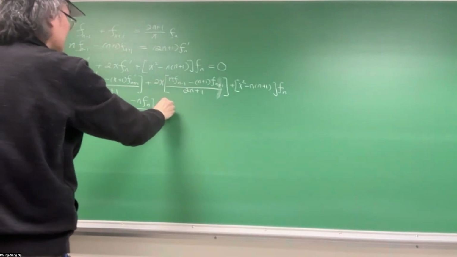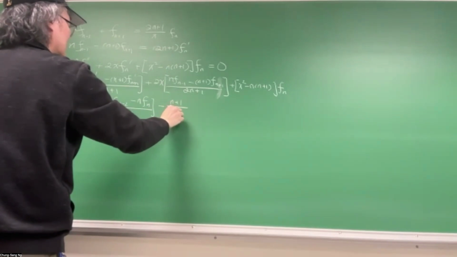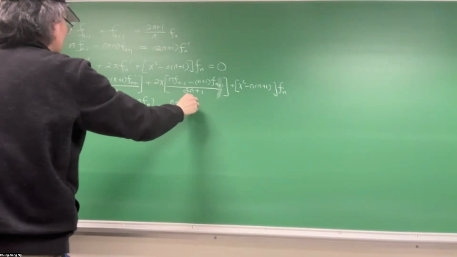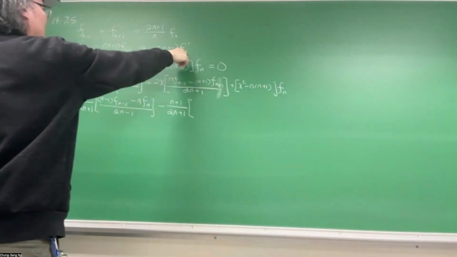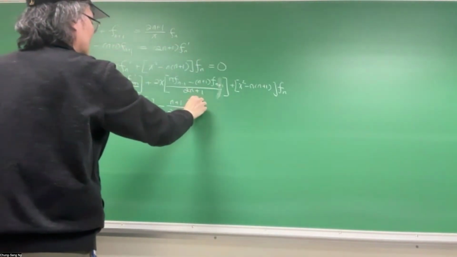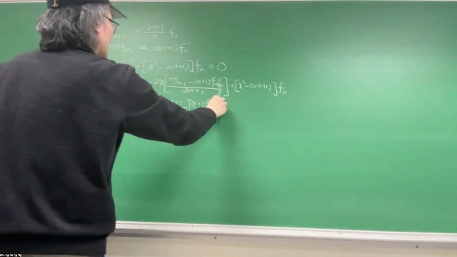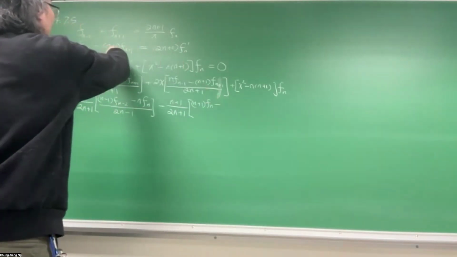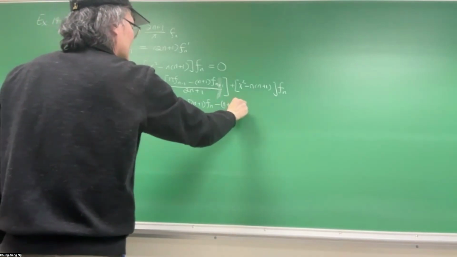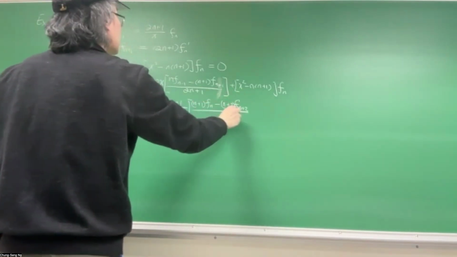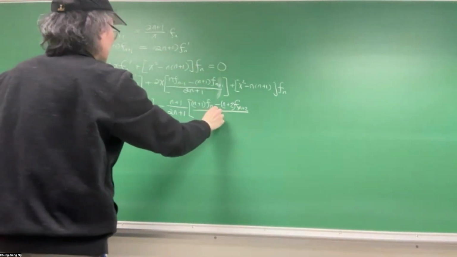And then the second term, plus 1, n plus 1. Same thing, you shift the n, now this becomes n plus 1, n plus 1, f sub n, minus n plus 2 divided by n plus 1 to n plus 3, right?